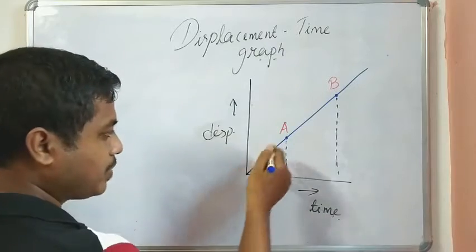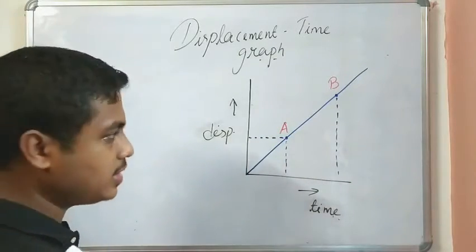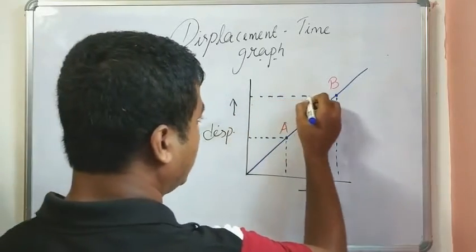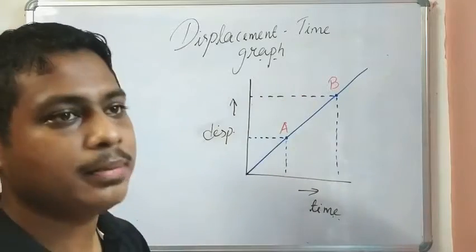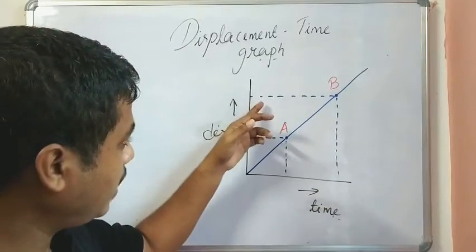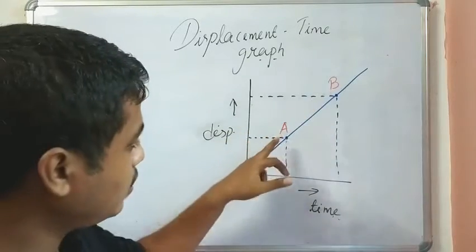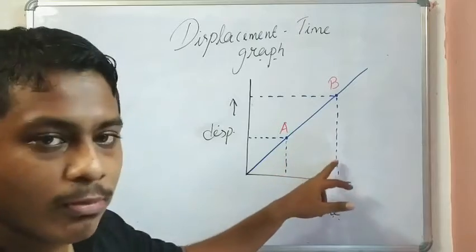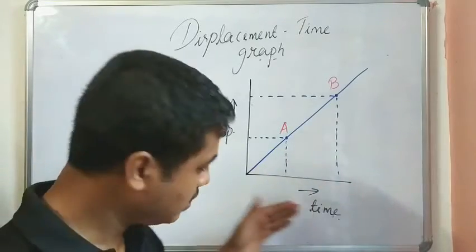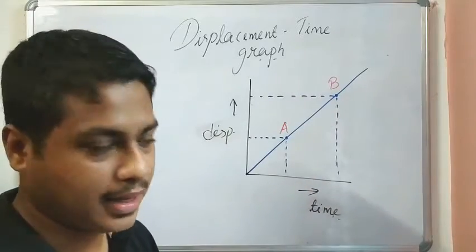In the same way, from point A you draw a perpendicular line to the y-axis, and from point B again a perpendicular line to the y-axis. This will represent the y value for points A and B, and the other will represent the x value for points A and B.